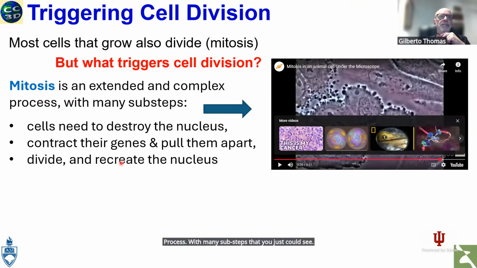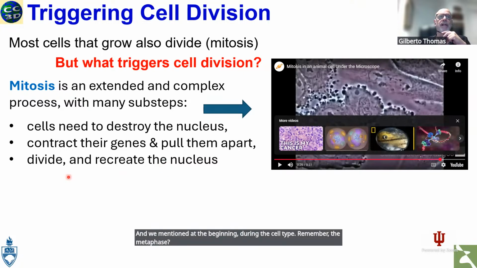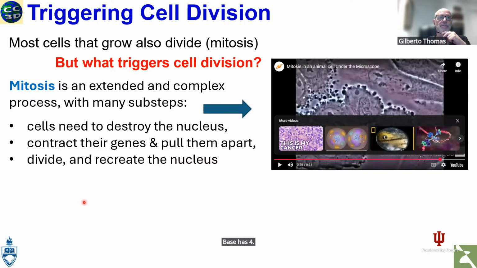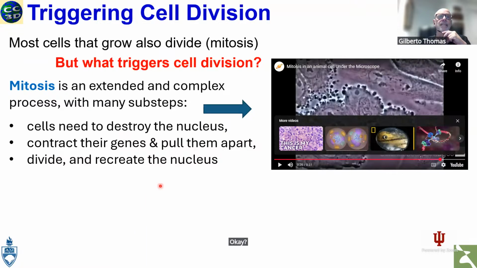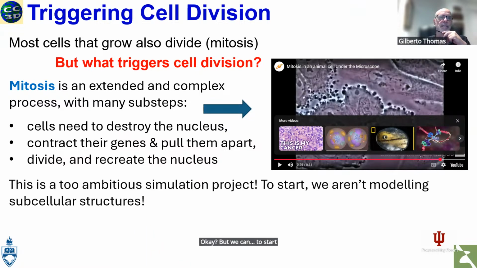And we mentioned at the beginning during the cell type, remember, the metaphase has 4 different stages to achieve until the division. Cells destroy the nucleus, contract genes, pull them apart, divide and recreate the nucleus. This is a very huge task. But we can start with a simple model.